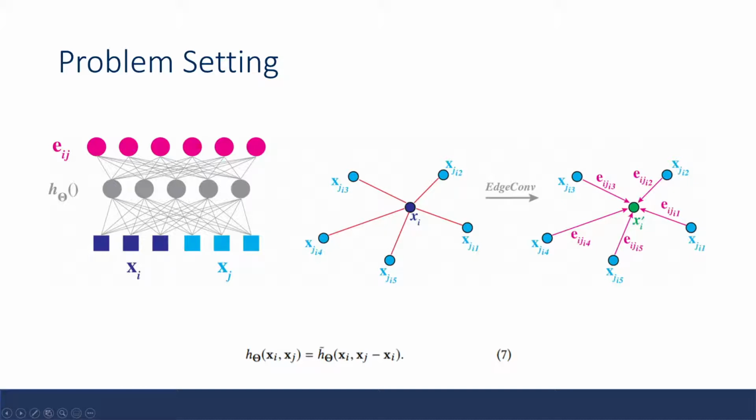And after you learn the edge embeddings, you can aggregate the edge embeddings back towards the point xi. And so what this architecture is going to accomplish is that each input point cloud is going to find local points and you're going to be able to apply convolutions and aggregate the results.